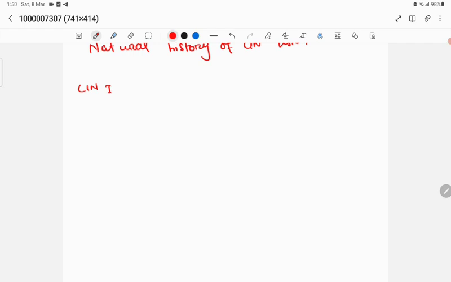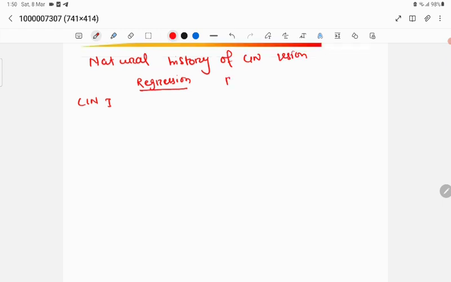Okay, the regressions we have at the forefront, then persistence, and progression to CIN3. Last is invasion, that is invasive carcinoma. Okay, so first is CIN1.